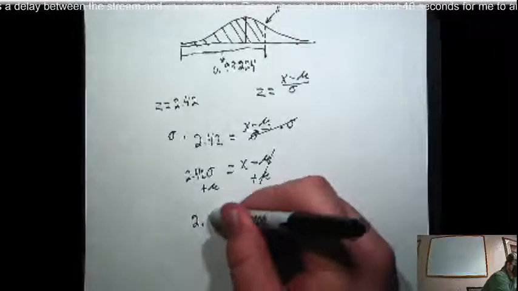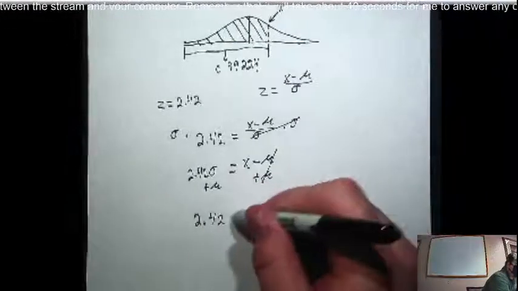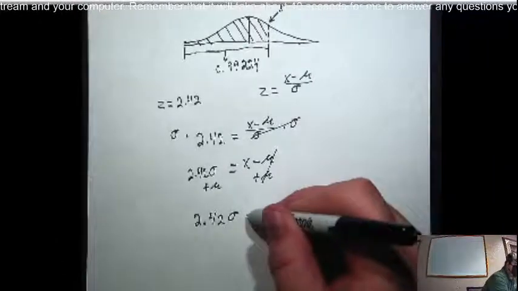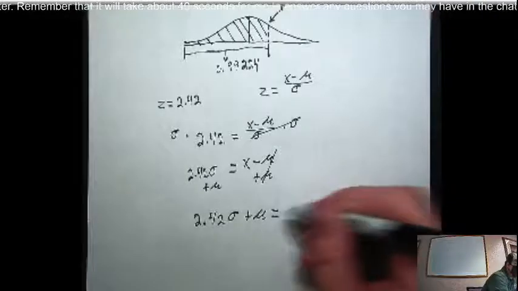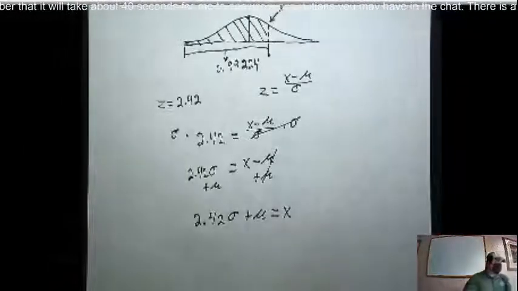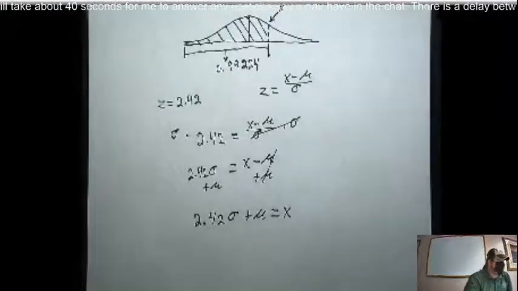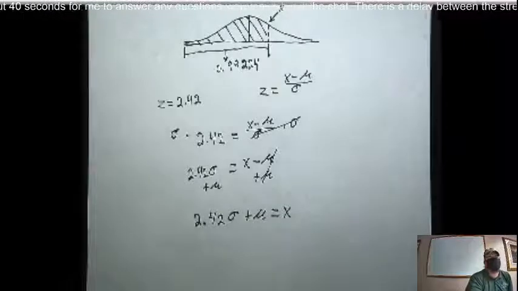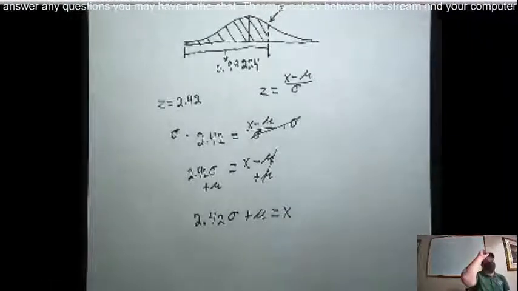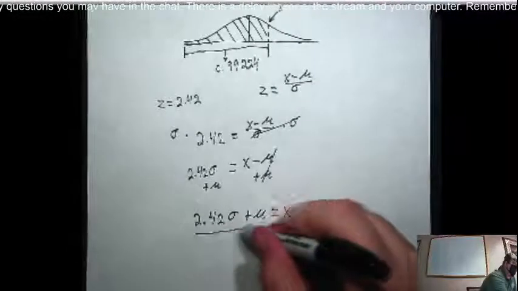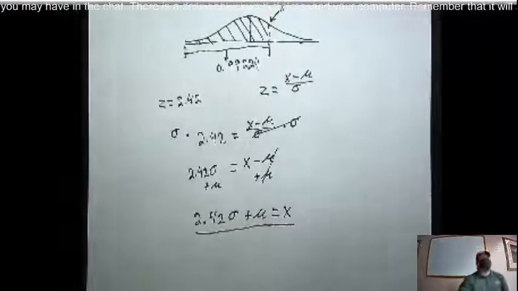And on this side we have 2.42 sigma plus mu equals x. And there we go. X is now solved for. This is what Hawks will be looking for. This equation right here.